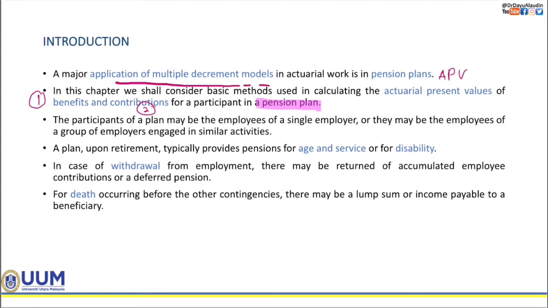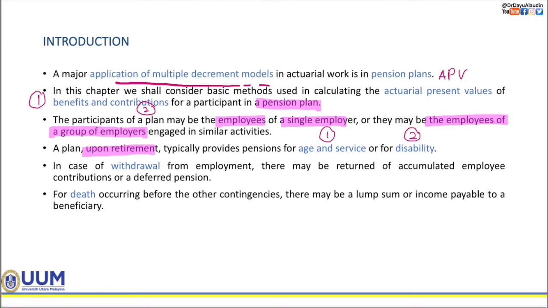The participants of a plan may be the employees of a single employer, or they may be the employees of a group of employers. Upon retirement, it typically provides pensions for age and service or disability.